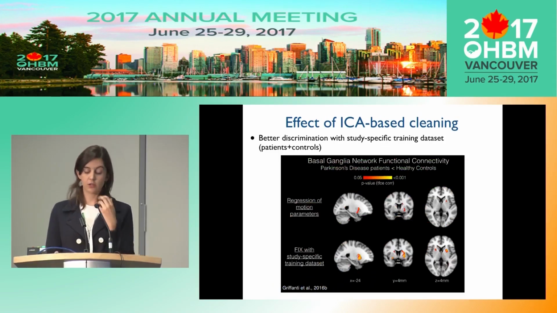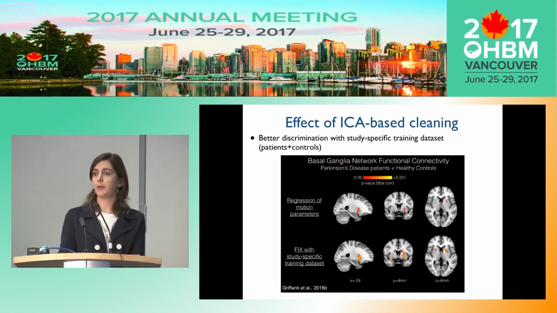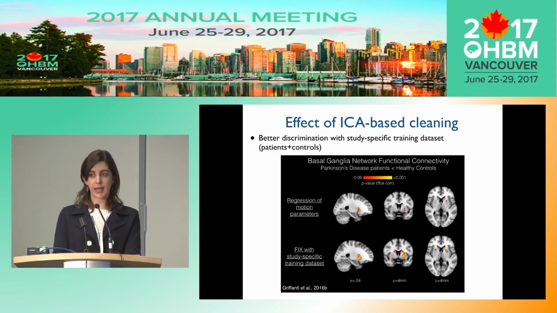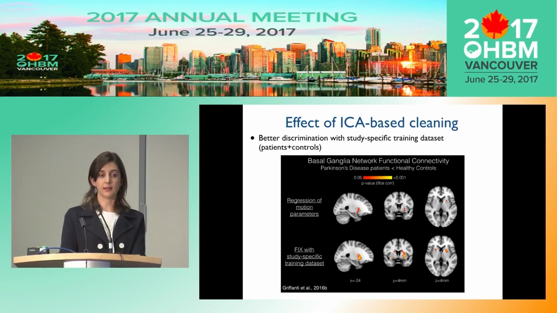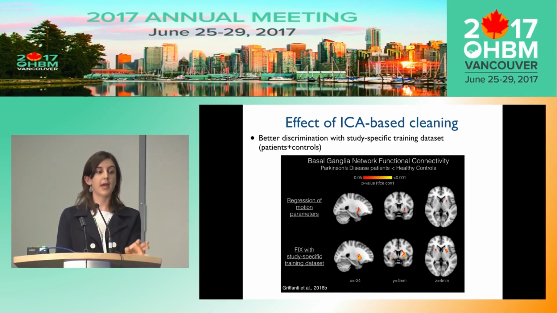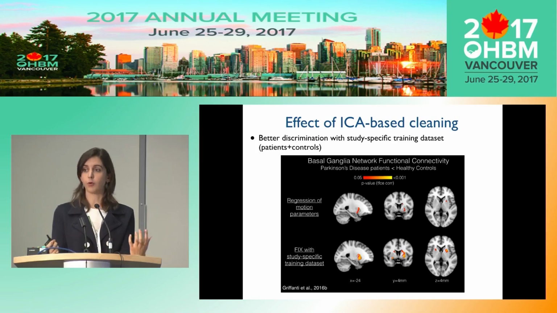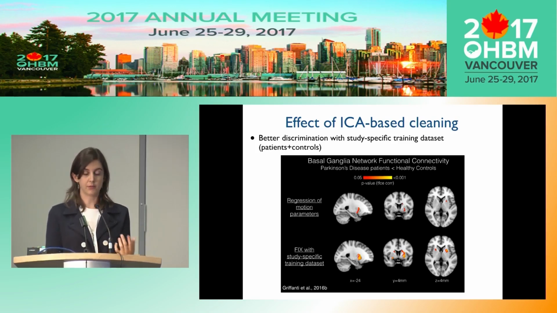And also, one application in a patient population: this study was comparing healthy controls and patients with Parkinson's disease. And this was using either just purely motion regression or FIX. In this particular case, with a study-specific training dataset, so including both patients and controls in the training dataset, so that the algorithm has a wider range of examples of components to be able to classify the rest.